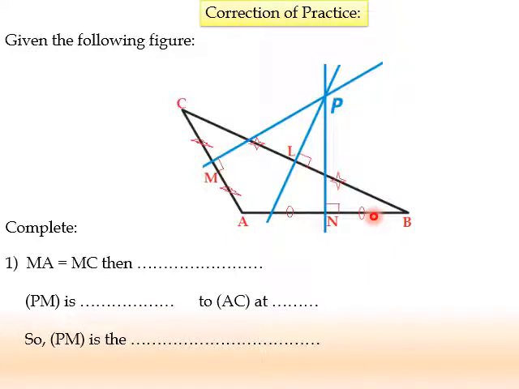Now, let's move to another side, AC. The same sign is put at CM and MA. So CM equal MA. Then M is the midpoint of AC, and this line is perpendicular to AC at its midpoint, then this is the perpendicular bisector of AC.